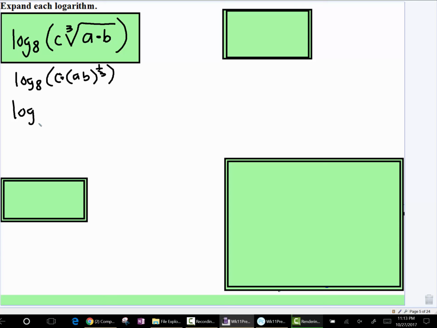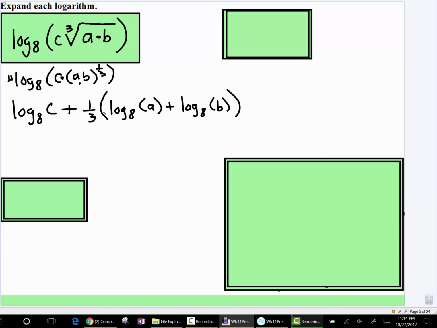Log base 8 of c, remember multiplication gets expanded to addition, plus, but this has an exponent, so the exponent gets moved down in front, so plus 1/3, and then all of that gets put in parentheses because the 1/3 is outside the parentheses of a times b, so we have log base 8 of a. Remember, multiplication gets expanded to addition, so log base 8 of b.